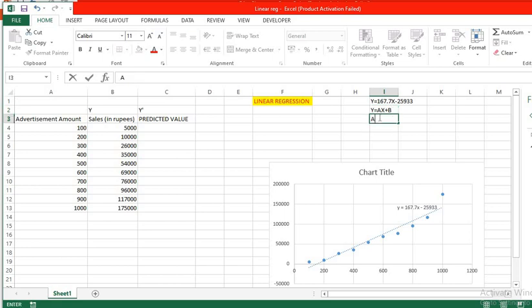So the value of a is 167.7. How we are obtaining these a and b values is simply by comparing. Both are in the same format, ax plus b. Since the equation is linear, we are considering it as the equation of a straight line. When you compare that, you will get the value of a as 167.7 and b as minus 25933.